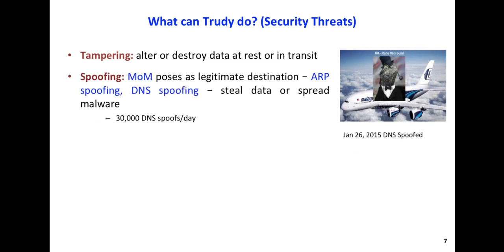Spoofing is a very common method used for attacking. So there are men in the middle or women in the middle attacks, where the person who is trying to attack poses as a legitimate person, and then can gain access to the information that is passing from sender to receiver. ARP spoofing is one. We have seen ARP is the address resolution protocol, which we use when you need a MAC address and you already have an IP address, the MAC address of the receiver, or the other end, or the destination.